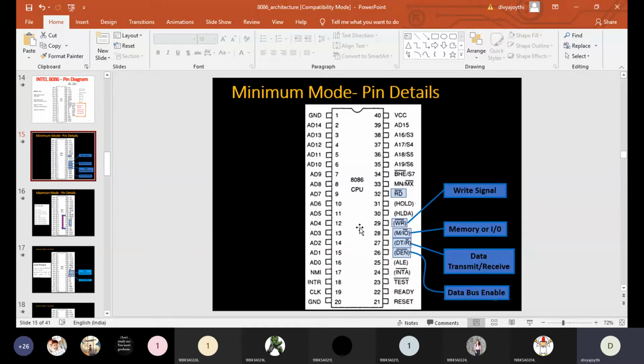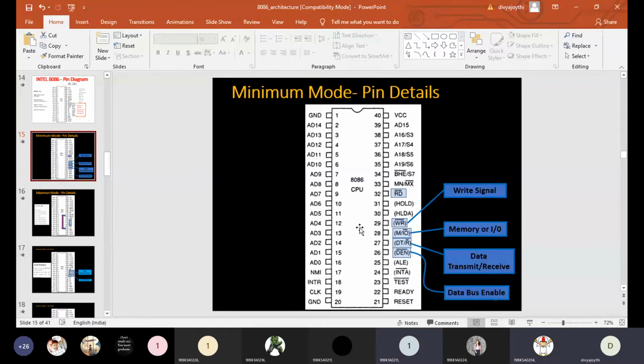Now you can look at the input of pin number 25. If pin number 25 has an input of 1, address latch enable, that indicates that the multiplexed pins are carrying address. If the mode is not specified, then you need to look into the timing signals to decide whether address is present or not. Guys, clear with this?